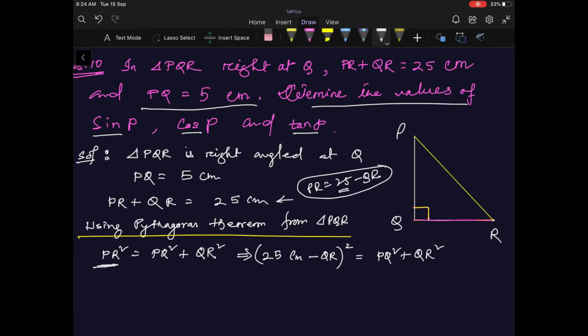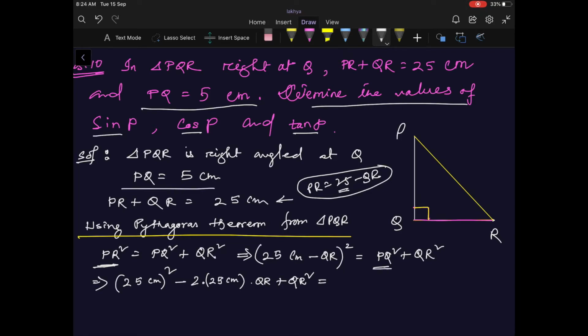Now here we can apply the A minus B whole square formula. Doing so we get 25 centimeter whole square, minus twice AB, that is 2 into 25 centimeter into QR, plus QR square, and on the other side PQ square.